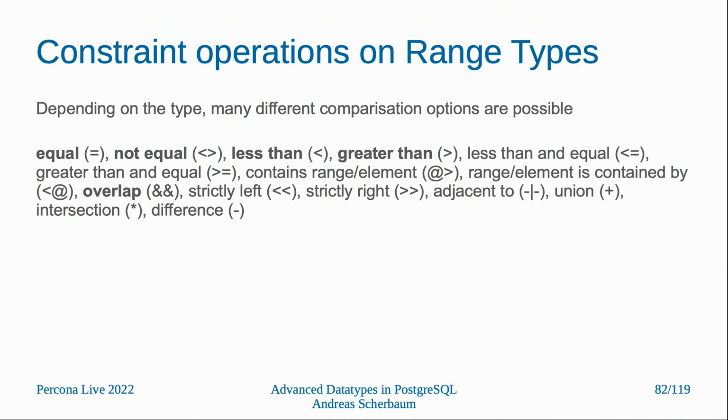There are many more constraint operators we have. So of course we used overlap here, we used exclude. We also have equal and not equal and less than and greater than. Basically everything you want to use in a table, you can use as a constraint on range types.